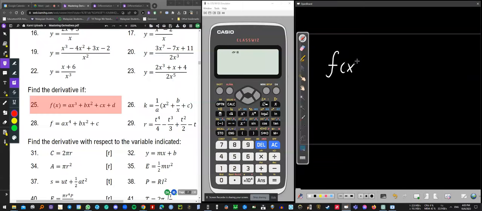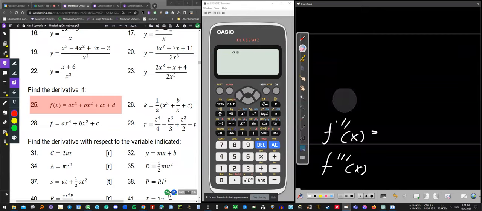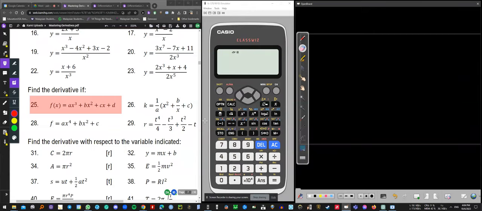So you know kalau original is this one, after you differentiate one time dia jadi f prime kan? Kalau dia differentiate dua kali kita panggil dia apa? Second order derivative atau f double prime lah. So I can differentiate twice or thrice or until infinity, berapa kali pun boleh. Okay, faham. So I leave that to you.